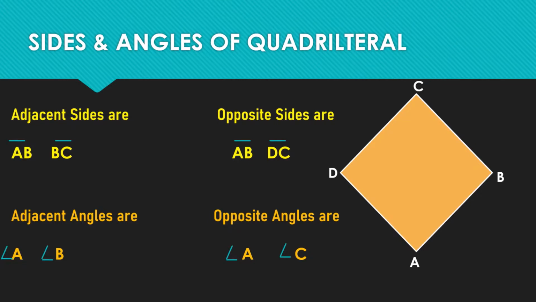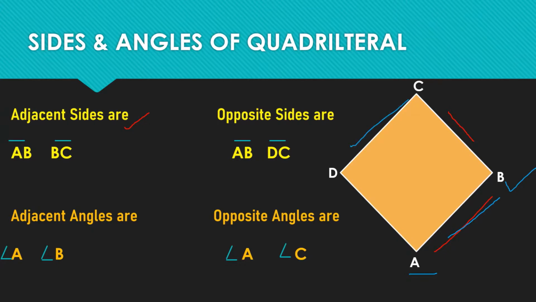Adjacent sides means the sides which are nearby or side by side, like AB and BC are side by side, so these are called adjacent sides. In that way, adjacent angles are angle A and angle B. Now the opposite sides are AB and DC.